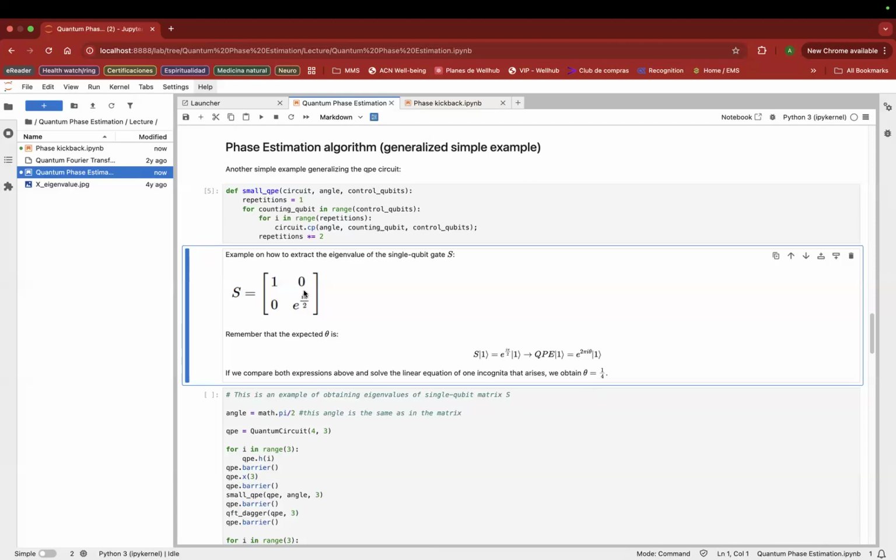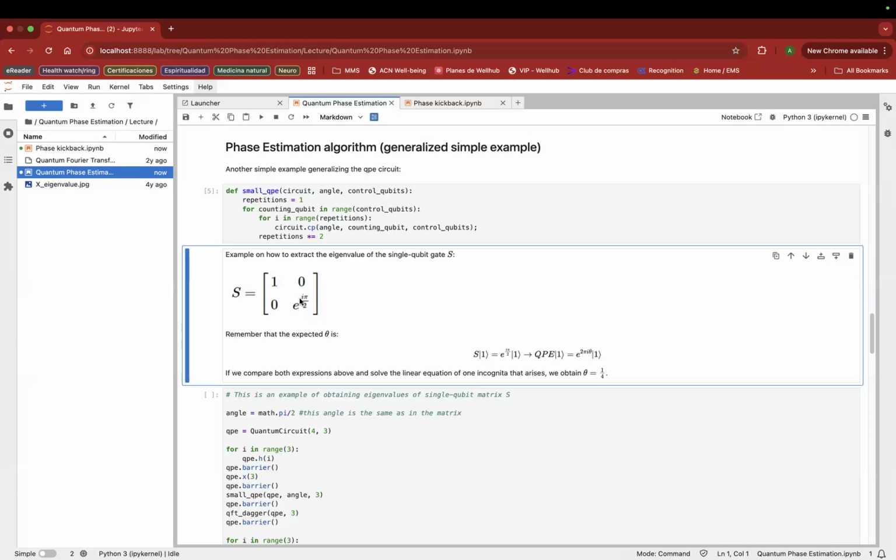This means that we know up front, by hand, what the solution should be, because this is a theoretical and very, very simple example. If we put here any operator where we don't know the eigenvalue, and we put the vector that is in this operator, even if it's not diagonalized, because this one is diagonalized, the quantum phase estimation algorithm would work as well.